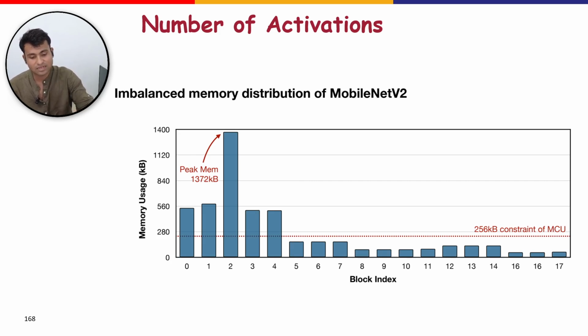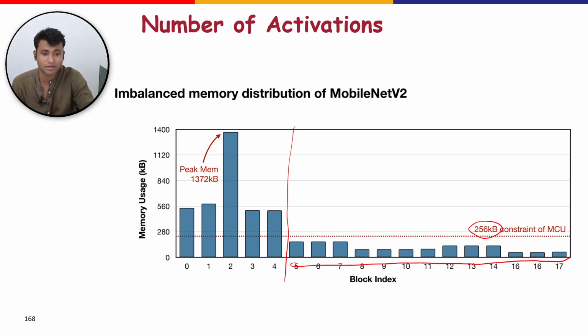Sometimes what happens is that the last layers, let's say, the memory usage. So this is per layer memory usage, and in certain previous layers, if the constraint of the microcontroller is 256 kb, the last things will actually fit in. If you're calculating the total number of parameters and everything, you might calculate, okay, it will all fit in.